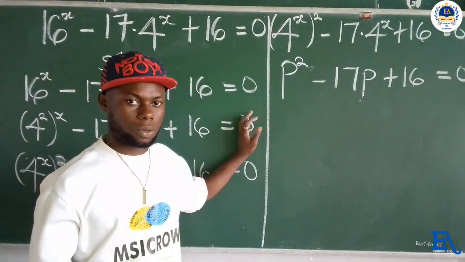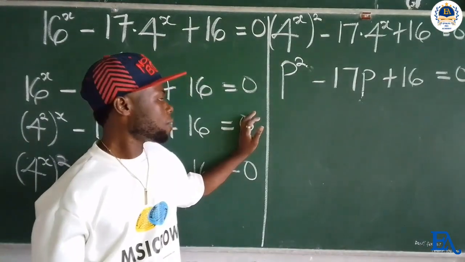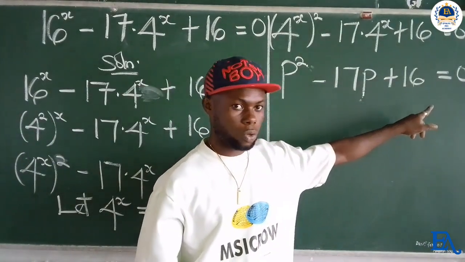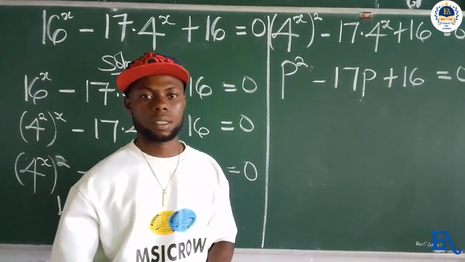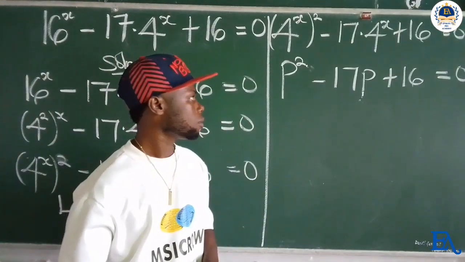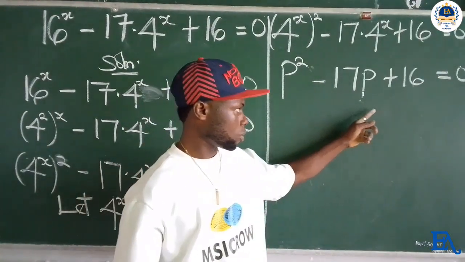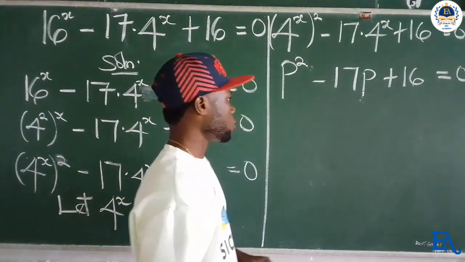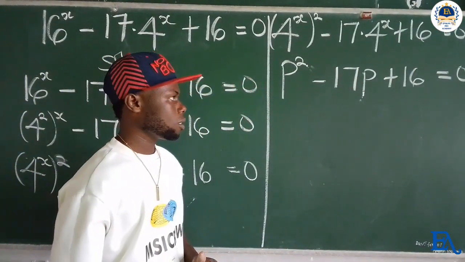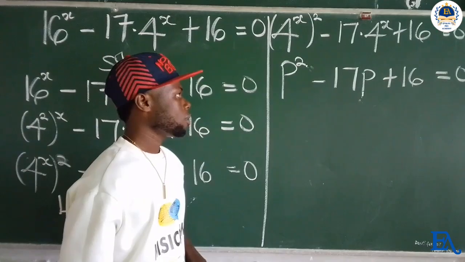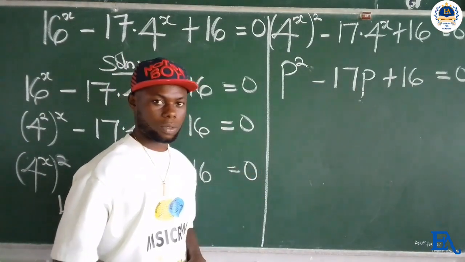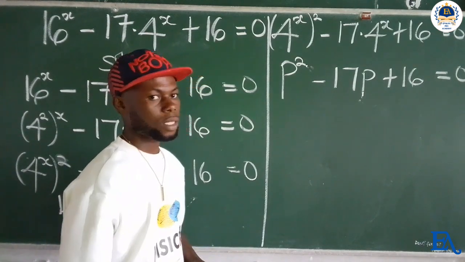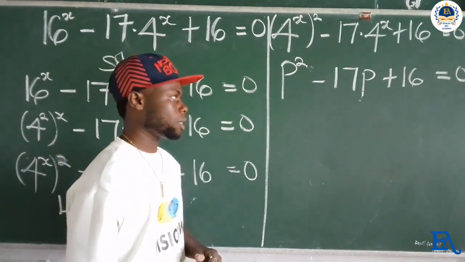What is the observation? We observe that this last equation is a quadratic equation. So we are going to solve this using a quadratic method, either by factorization method, or by completing the square method, or we can use the formula method, the almighty formula.